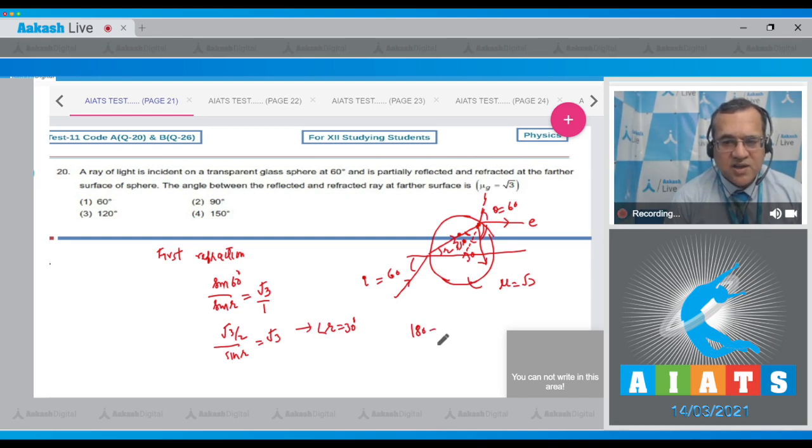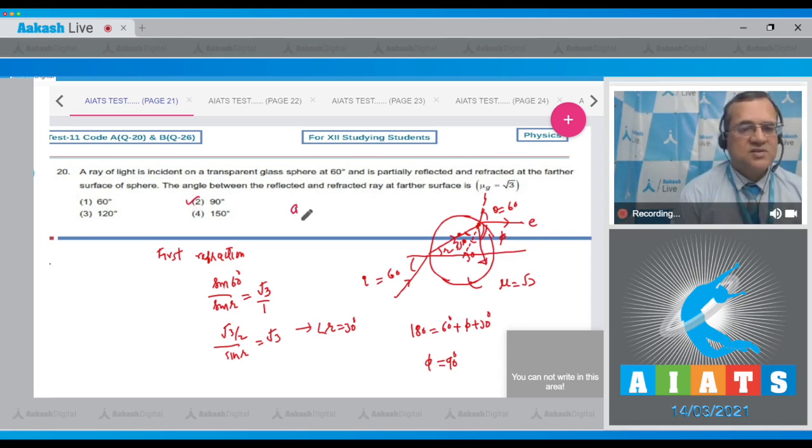So 180 degrees is equal to 60 degrees plus the angle you require plus this angle which is 30 degrees. Therefore the angle phi is equal to 90 degrees, the angle between the refracted and the reflected rays. So the answer to this question is 2.